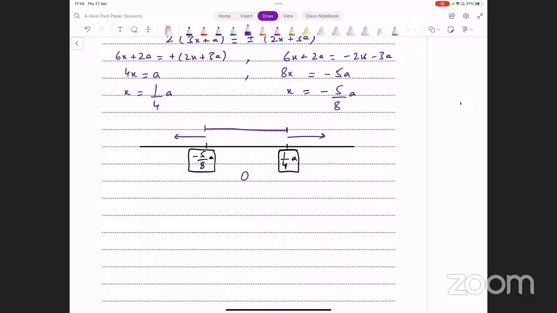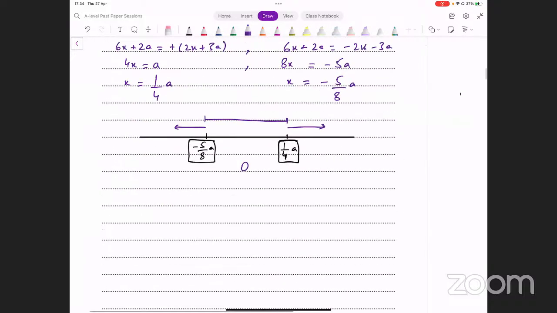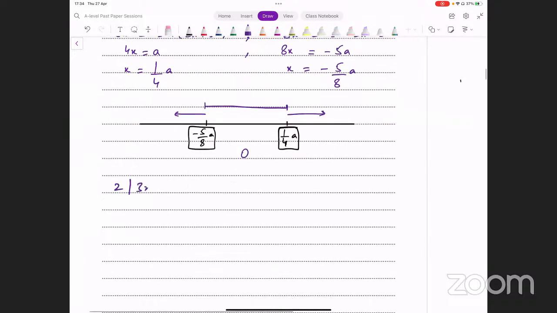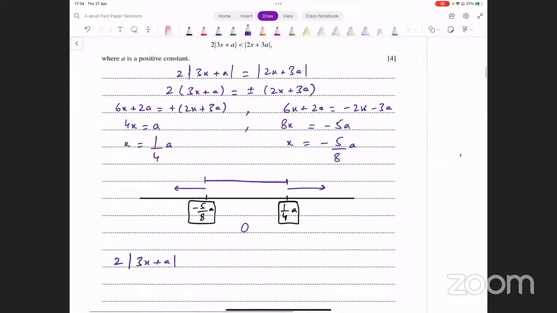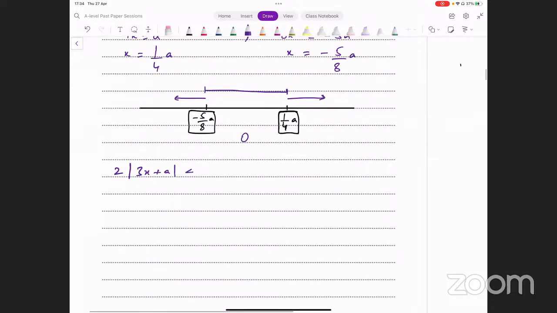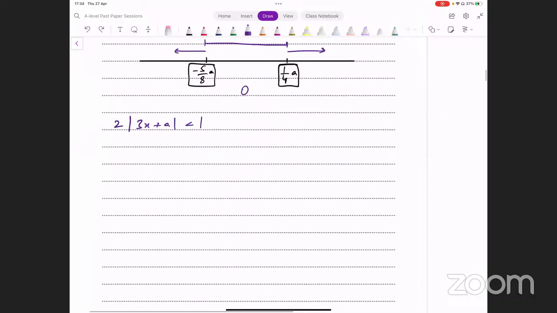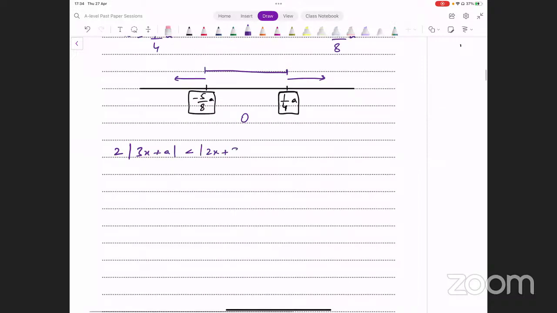If we try 0 in the original inequality, what is the original inequality? 2 into modulus of 3x plus a is less than modulus of 2x plus 3a. Input the value of x as 0 and see what you get. Let's see if that region turns out to be correct or not.